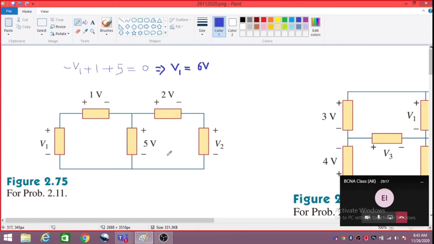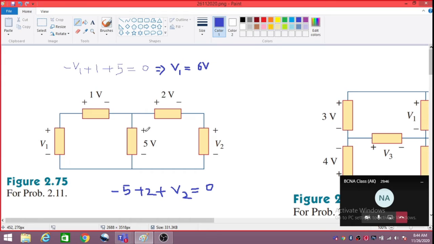So similarly in this loop also, if we are moving from this point again to this point, minus 5 volt plus 2 volt plus V2 will be equal to 0. Why have I written minus 5 and plus 2?